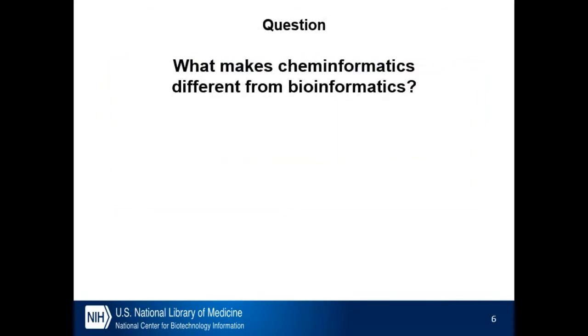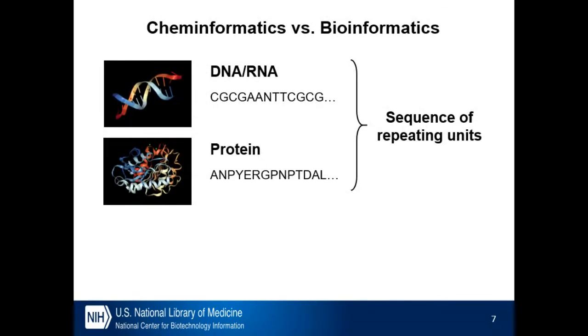I believe many of you are from the biology department or informatics or computer science department, so somehow you're familiar with bioinformatics. So it may be a good idea to think about this particular question before we move on. What makes cheminformatics different from bioinformatics? Well, there could be many different answers to this question.